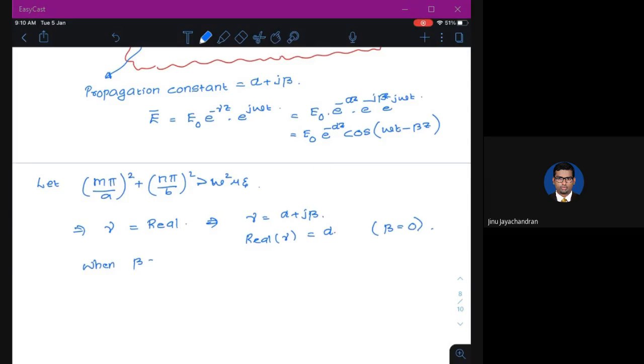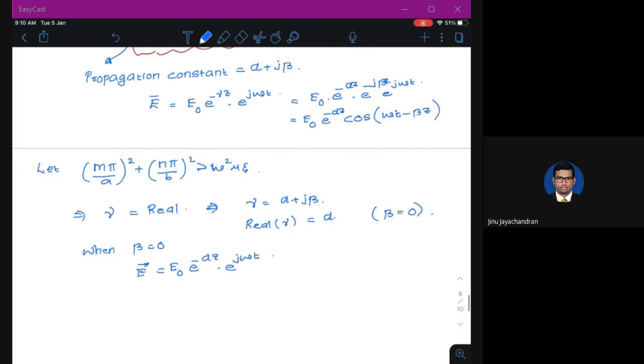When β is equal to 0, E is equal to E0 e^(−αz) into e^(jωt). So this is E0 e^(−αz) cos(ωt).